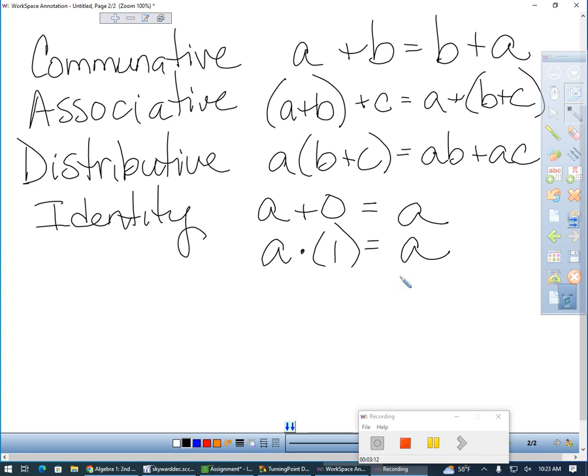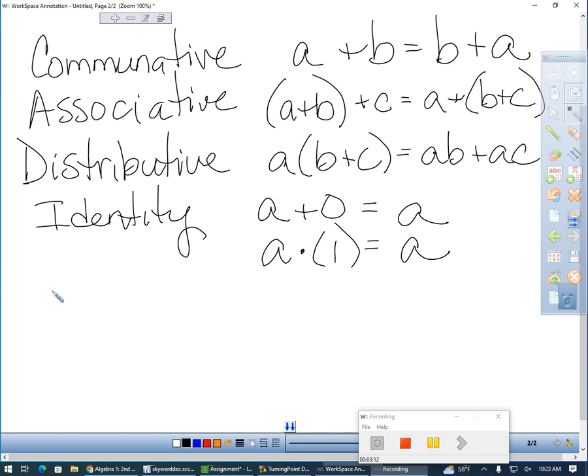So let's say I have 31 times 1, I get 31. Correct. 31 plus 0, I get 31. Correct. But I can't do 31 plus 2. Identity means that you're yourself, right? Now you get the hang of it.